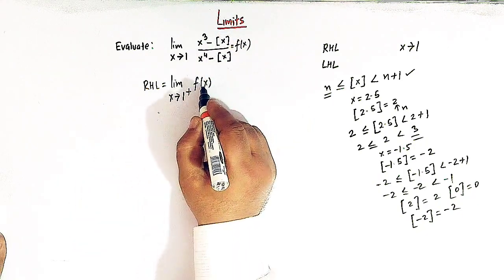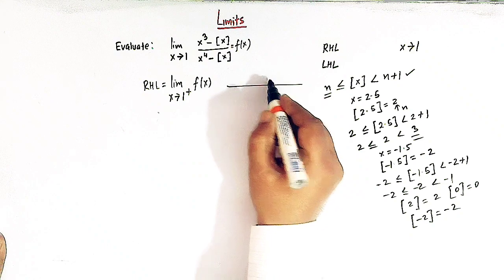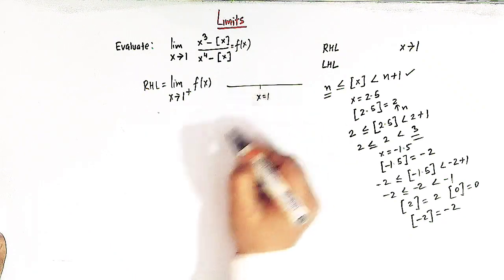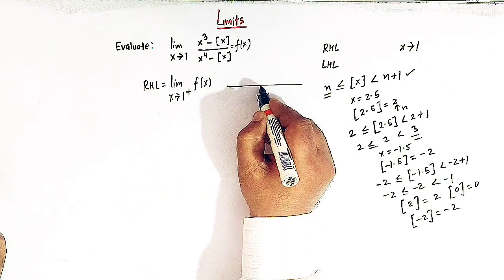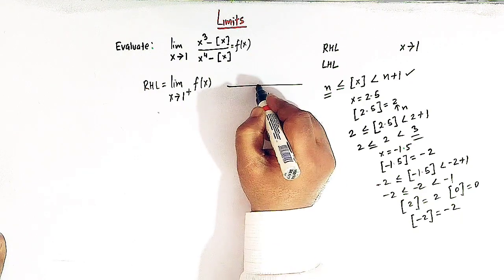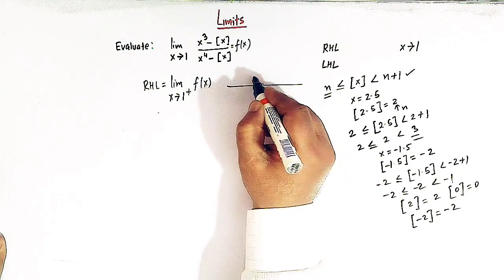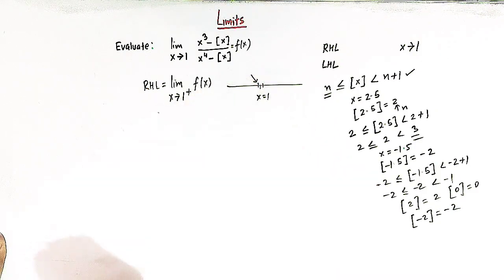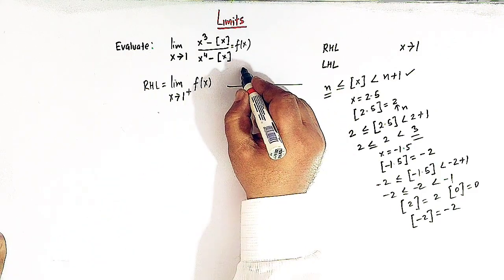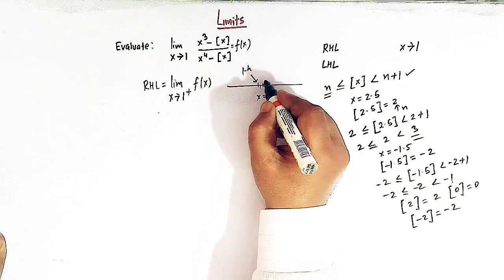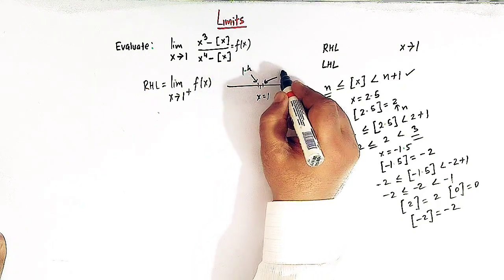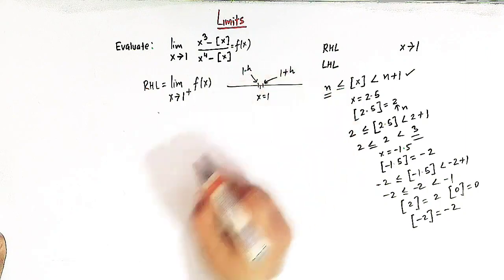Now here x is equal to 1, and we'll take 2 points in the neighborhood of x equal to 1, one towards the left and one towards the right. The left neighborhood is given by 1 minus h and the right neighborhood is given by 1 plus h.